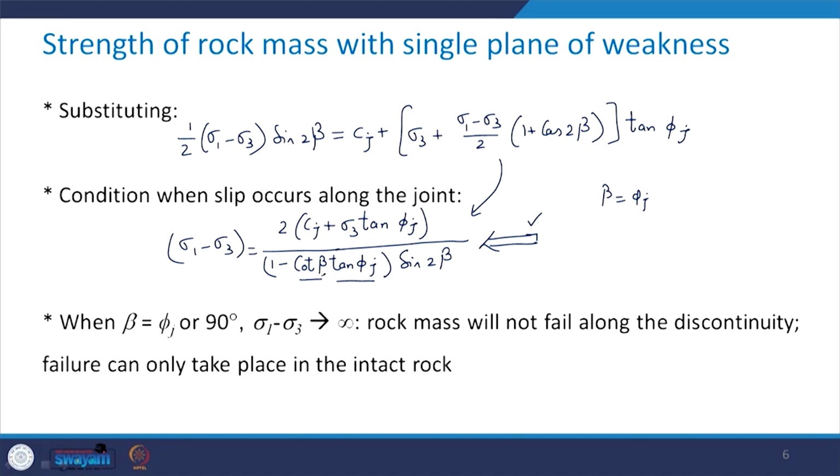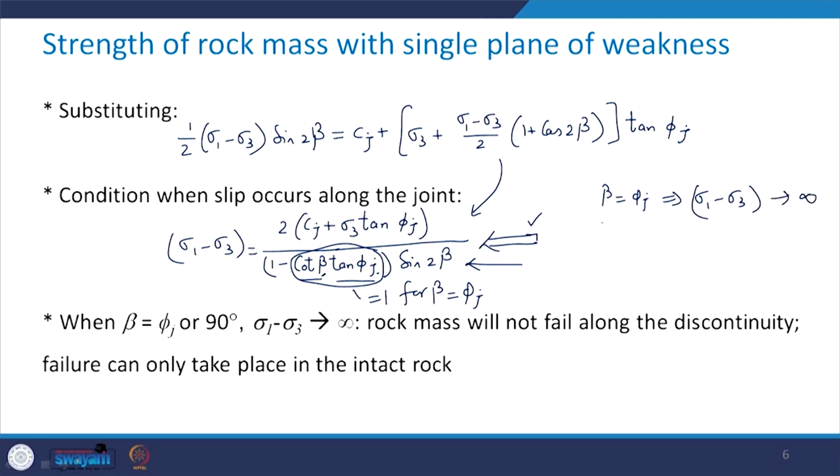If beta becomes equal to phi j, this quantity will become equal to 1. Once this becomes equal to 1, the denominator will become equal to 0 and that would result in sigma 1 minus sigma 3 tending to infinity.